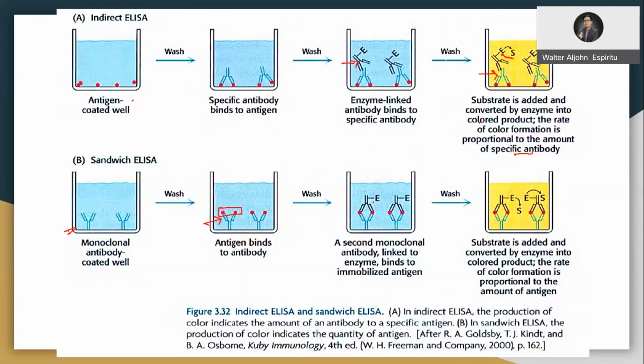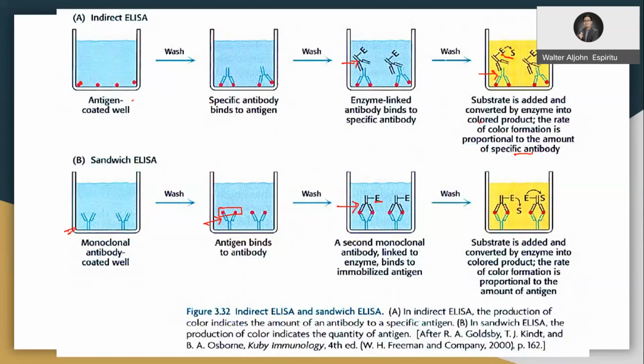Upon washing, a secondary antibody is added. This secondary antibody will also have a specificity to the antigen, creating the sandwich. The secondary antibody is again linked to an enzyme, and upon the addition of a substrate, it will cause the substrate to change its coloration or to have a color that can be observed visually.